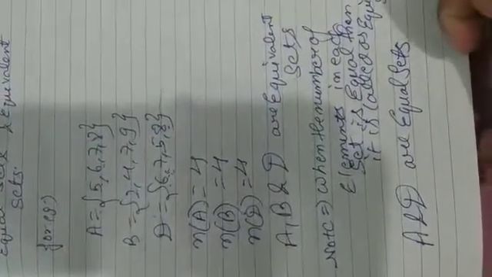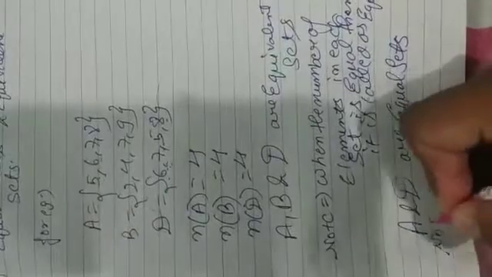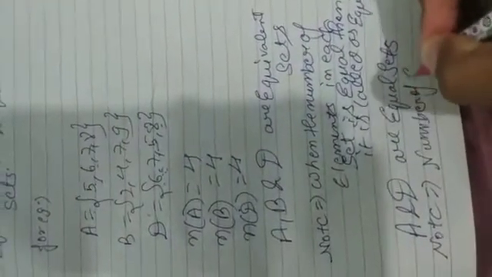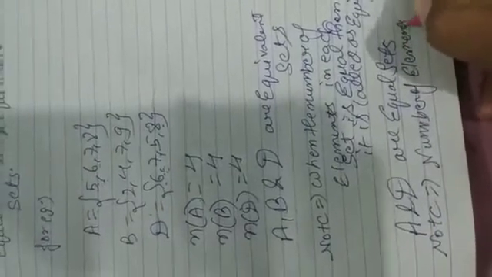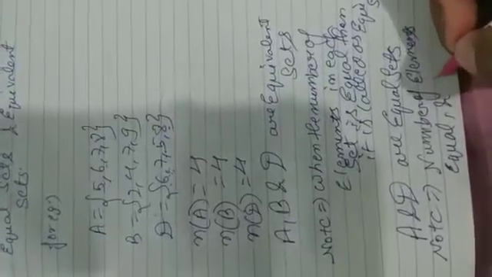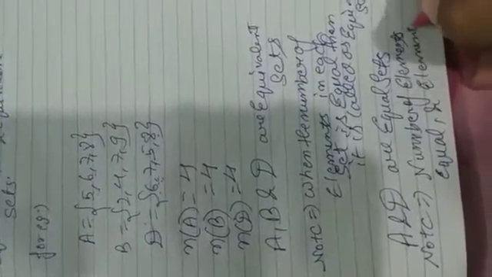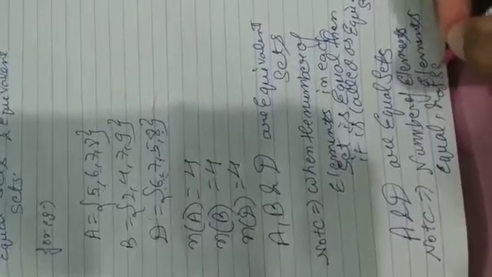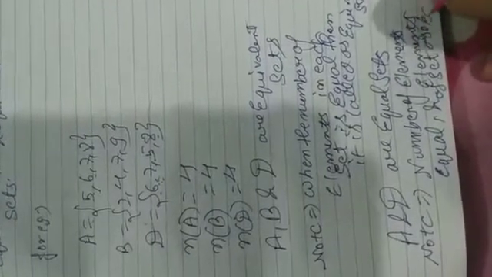So when the number of elements is equal and the elements of the sets are also equal, then we call them equal sets.